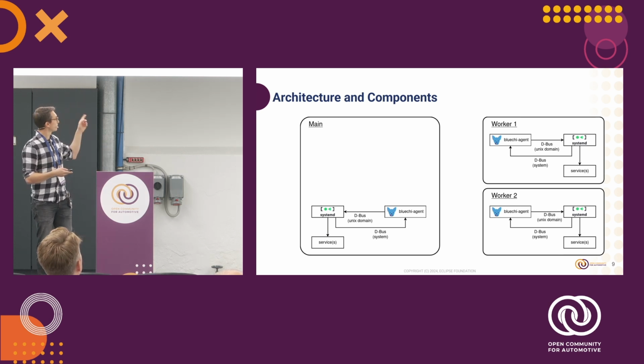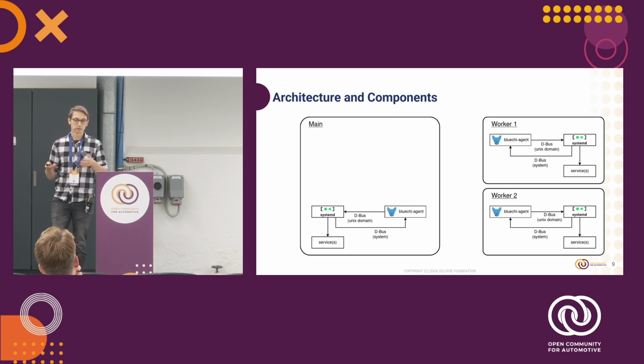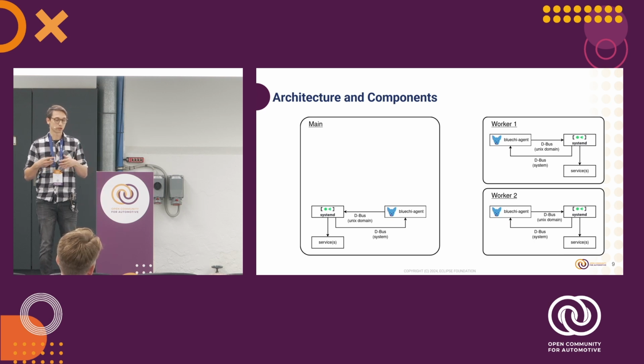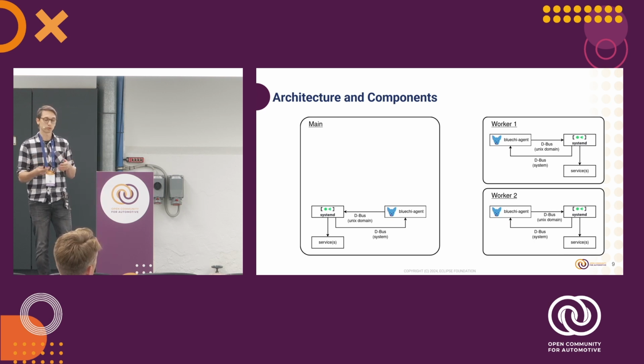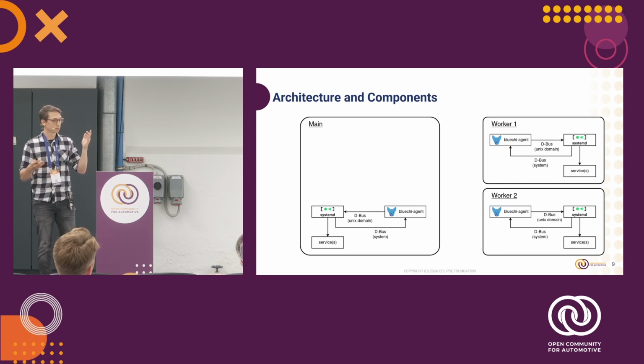We also register on events that systemd might emit. For example, when you start or stop a service, we get notifications about state changes or property changes and so on. And as you can see, we need to deploy this agent on each node that we want to manage.